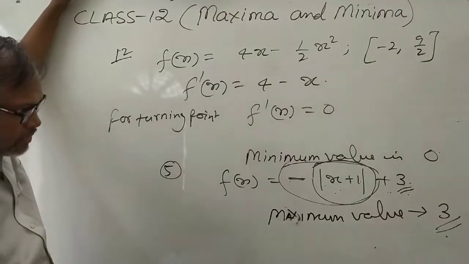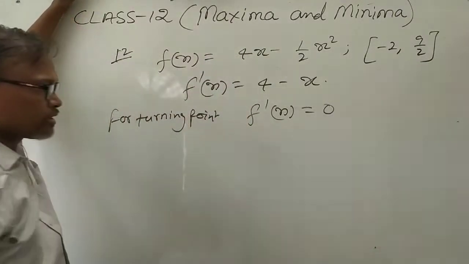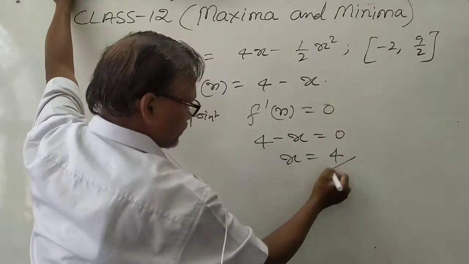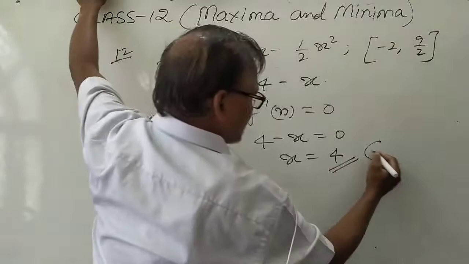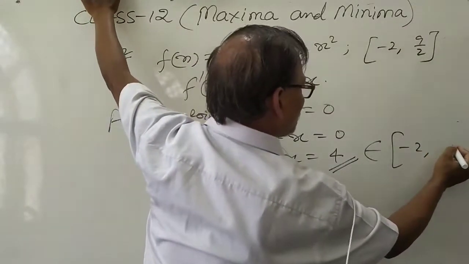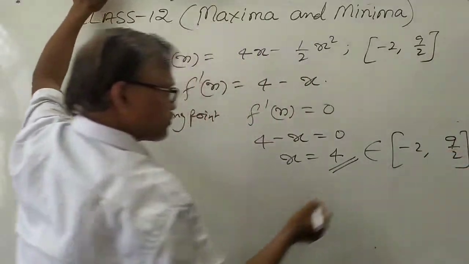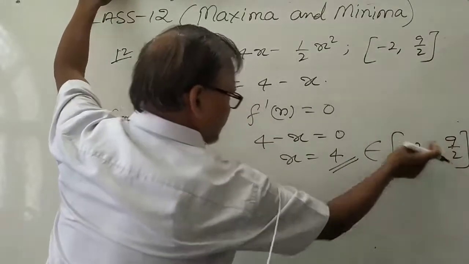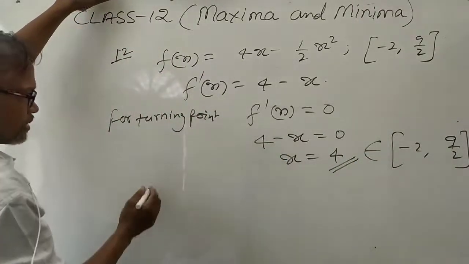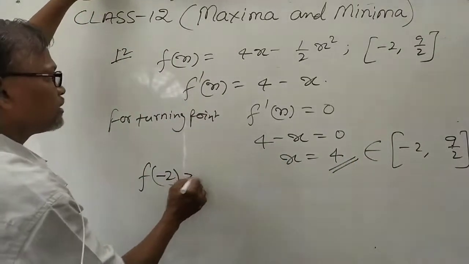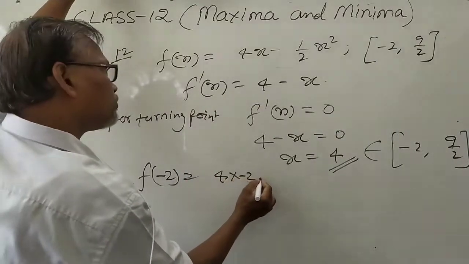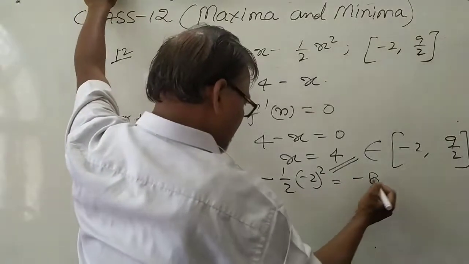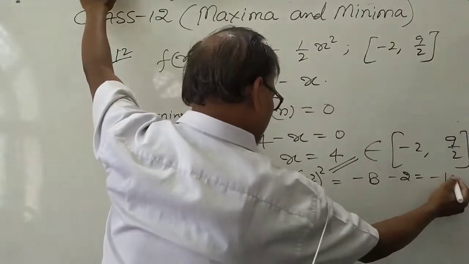You have to write this, and then 4 minus x is equal to 0, so x is equal to 4. 4 lies between -2 and 9/2, because it is 4.5. Now you have the three values: 4, -2, 9/2. Put every value here. First take -2: 4 into -2 minus 1/2 into -2 squared, you will get -8 - 2, which means -10.